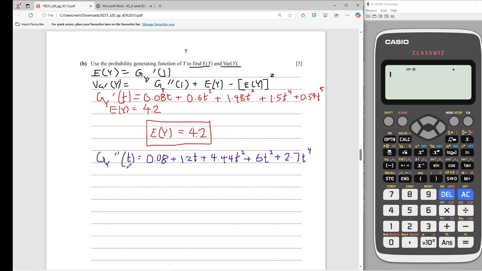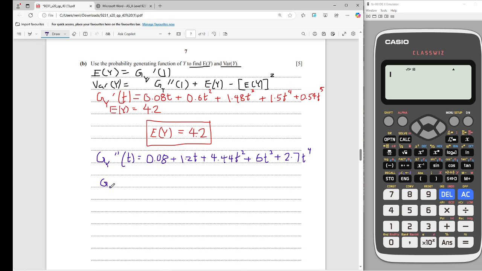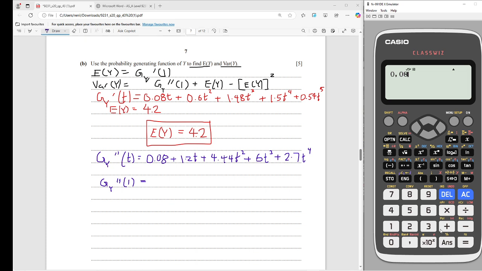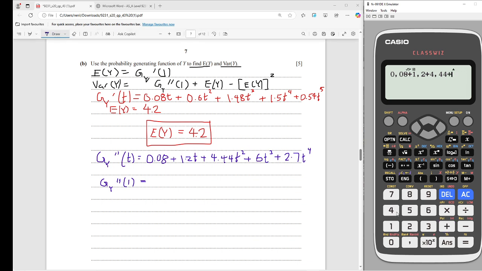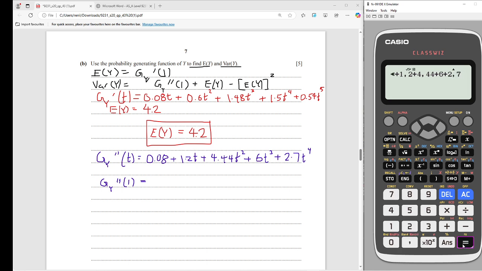Now when you plug in t equals 1, so when we have here G_Y double dash, when t equals 1, we get 0.08 plus 1.2 plus 4.44. Once again, degrees of polynomials don't matter when you're plugging in the value of 1. Plus 6 plus 2.7 is equal to 14.42.